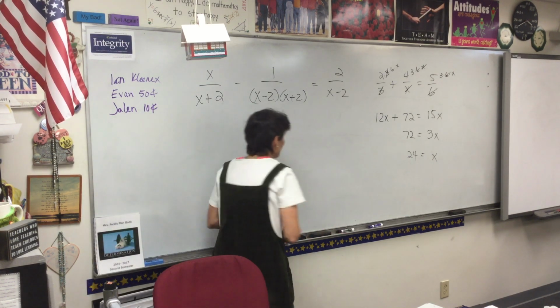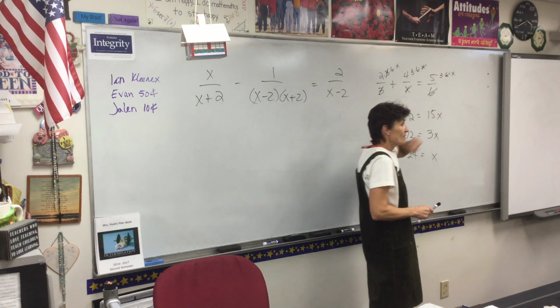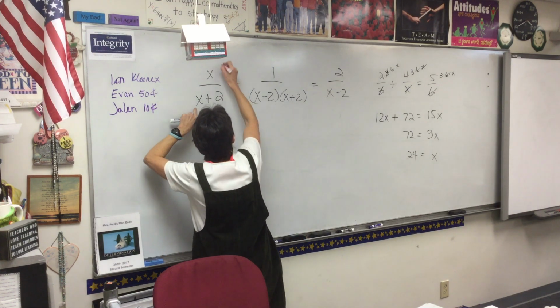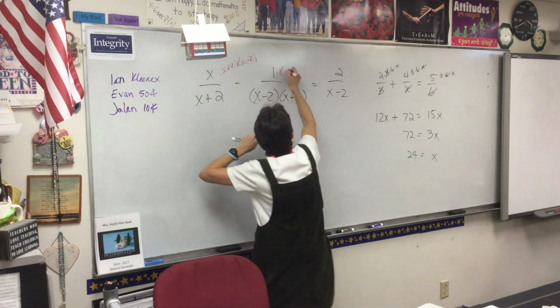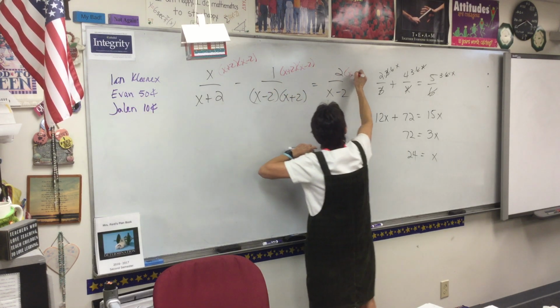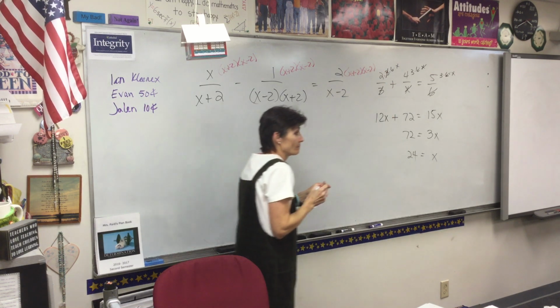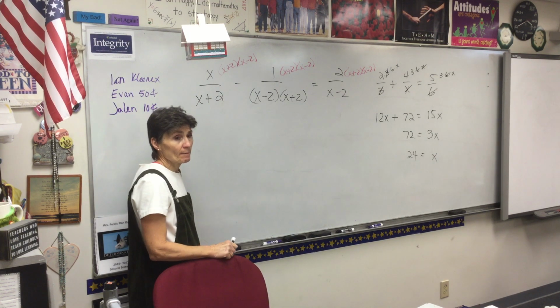Now, you know how over here, guys, you said let's multiply by 3 and x and 6. That's because those were the denominators, right? So what are my denominators here? x plus 2, x minus 2. I'm multiplying by each factor that's in the denominators.